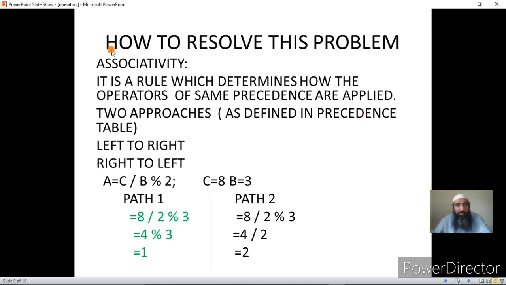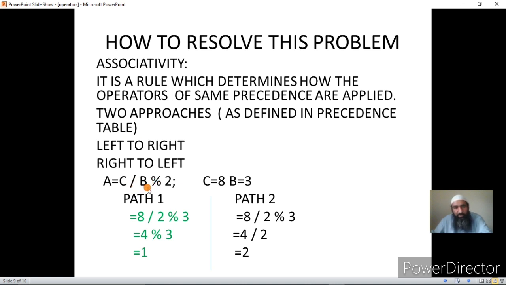You are not going to define this rule yourself. This rule is already defined, and you have to check the table again and again whenever you don't remember the precedence or associativity. Now the two approaches are either left to right or right to left. In case of division and mod, as we have seen in the table, the approach is left to right.